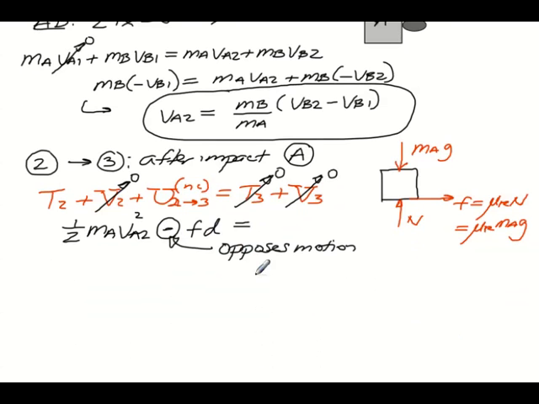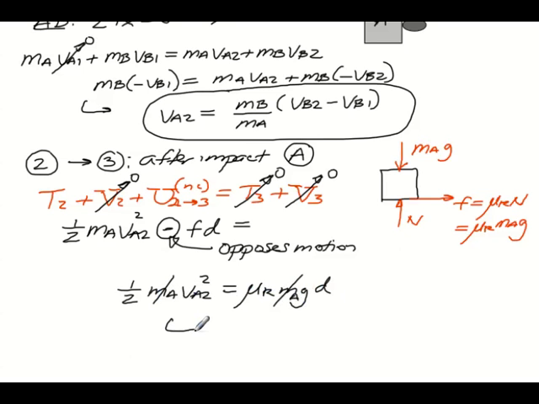So therefore, what we have here is 1/2 MA VA2 squared is equal to F d. F is equal to mu sub k m g, and this is times d. This is MA because we're just looking at A.